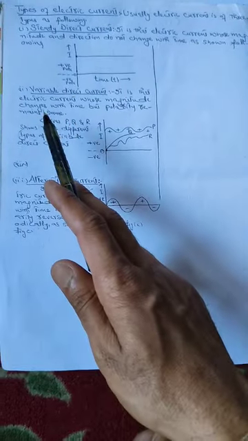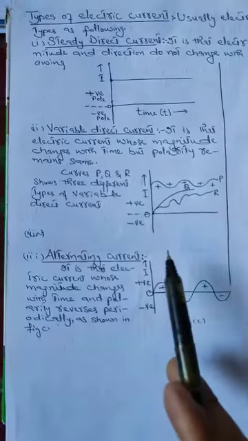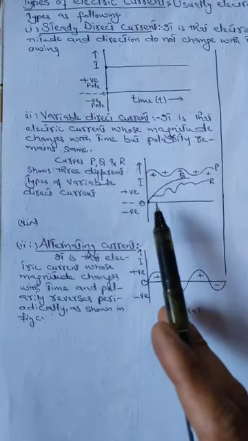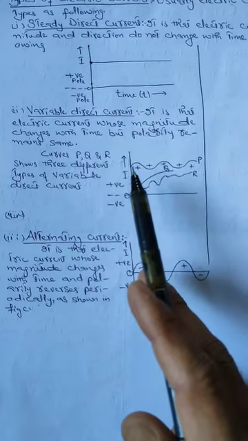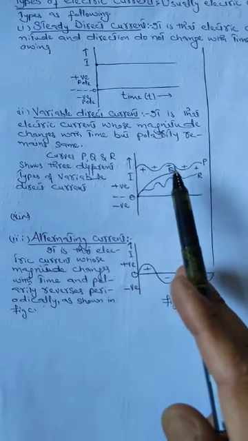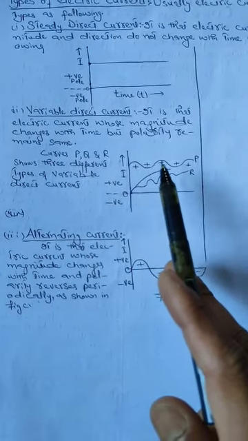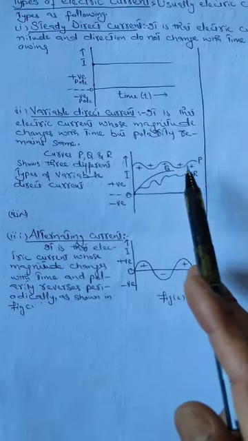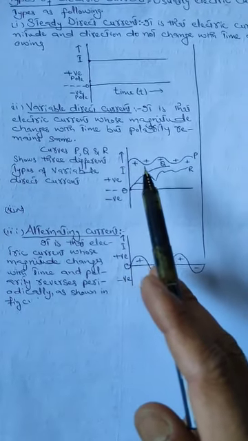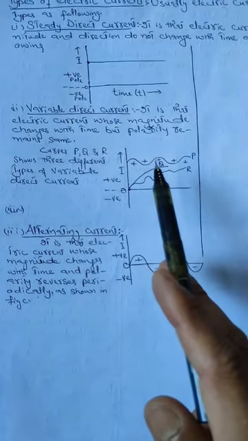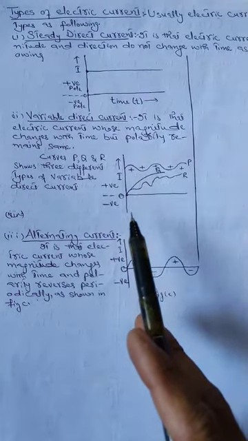Now the next one is variable current. Let me show you like this. In variable current, the polarity is the same. This is the zero line. The upper pole is positive, positive, positive, but the magnitude changes, it goes up and down. So there is some variation in the magnitude, meaning the value, but the polarity doesn't change. This is positive, and here the negative will be negative.